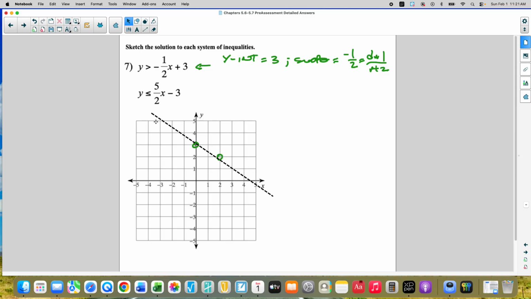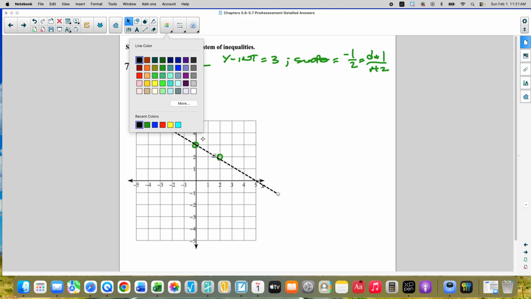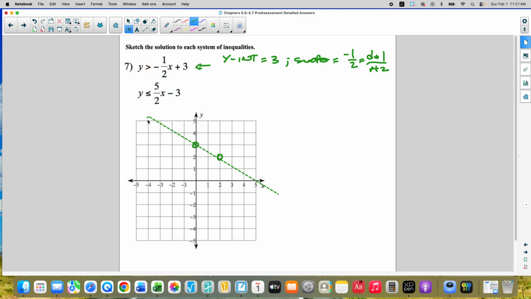Try to connect them. Good. Let's make it green. Let's draw that arrow. Let's test. We're going to test the point 0, 0.